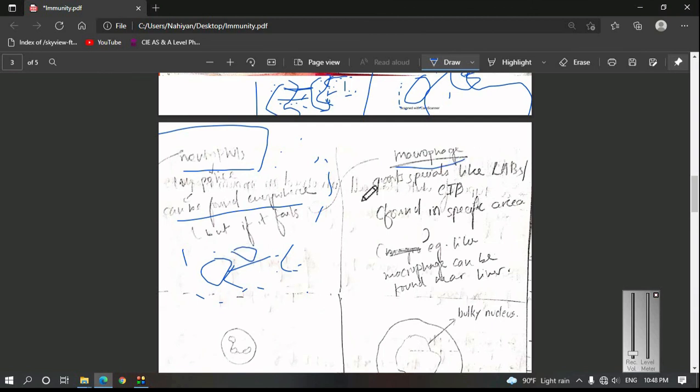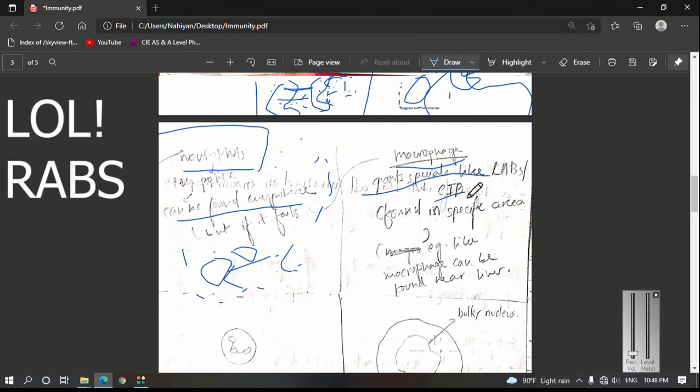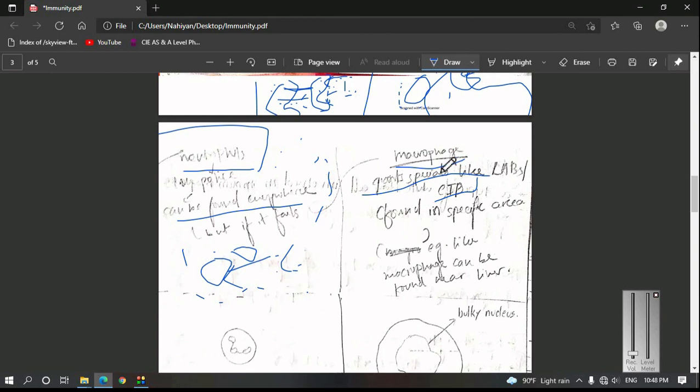You can say they are like special forces, like RAB or CID, but they are not found everywhere, and they are secondary ones, found in specific areas, just like macrophages are found around the liver and some specific areas. So after the police are failing, the special forces can come into play, though they have the same task.